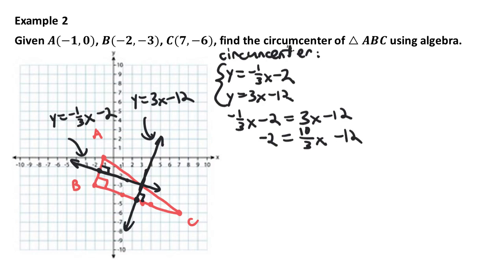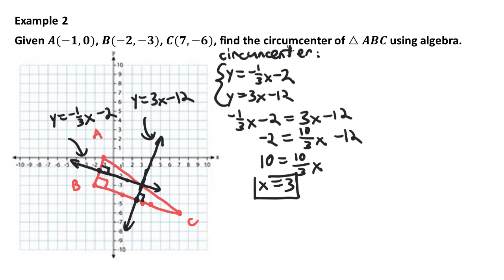Let's bring the 12 to the other side by adding 12. So we get 10 is equal to 10/3 x. Now we need to solve for x, so let's multiply both sides by 3/10, and we get x equals 3.